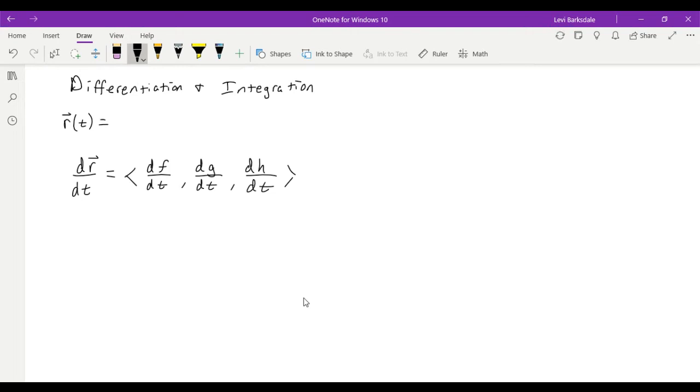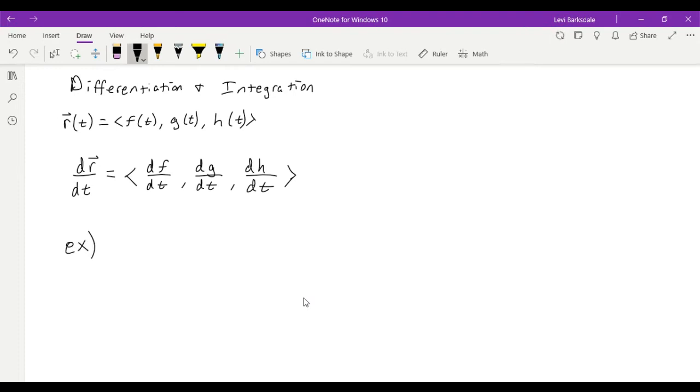And of course, this is if our vector valued function is defined as a function of f, a function of g, and then a function of h. So when you take the derivative, just take the derivative of each component individually.